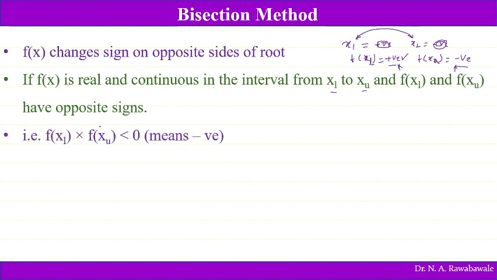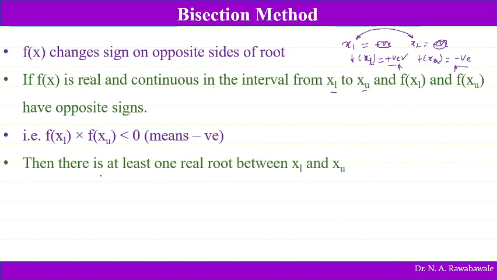Now that is f of xl into f of xu is less than 0, means product of these two, one is positive and another is negative, means definitely product will be negative. So in such cases bisection method can be used. There is at least one real root between lower xl to upper xu, that is root is in between.